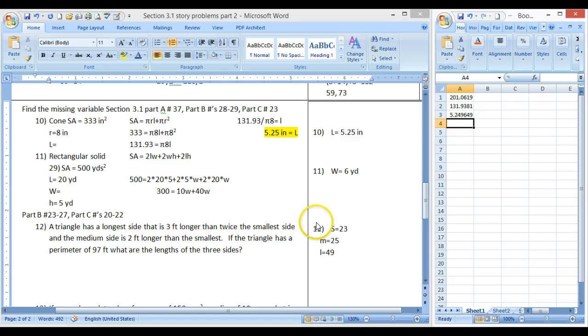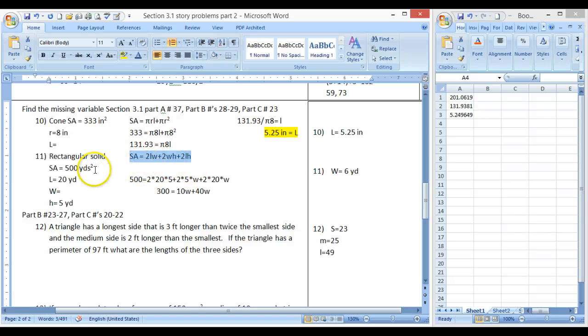Okay, let's move to the next one. I've already gotten a couple of things pre-written down to help speed things up. A rectangular solid, we were given the surface area of 500 yards squared, and I've written down the surface area formula for a rectangular solid, which you can find on your formula sheet for exam 2.